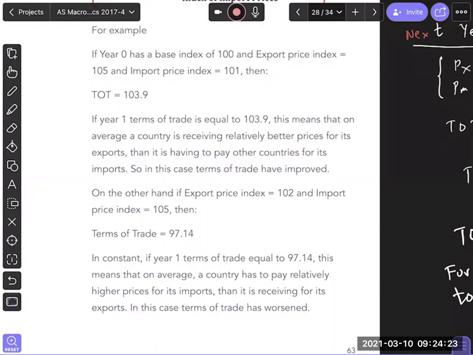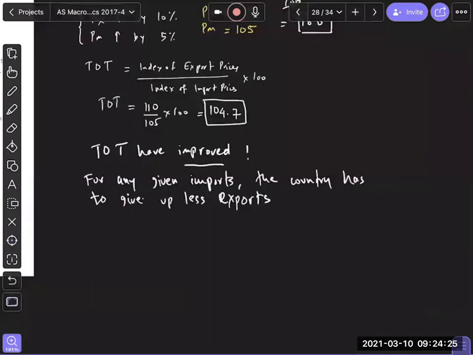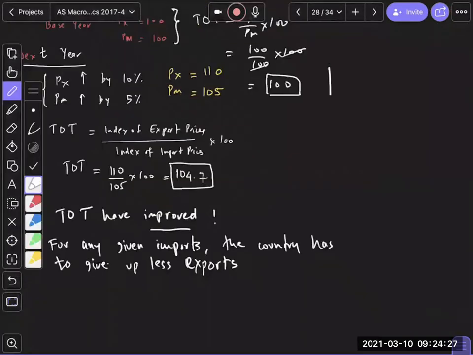On the other hand, guys, let's do another example. Let's say next year PX is going up by 5%, so it's 105, and PM is going up by 7%, so it's 107.